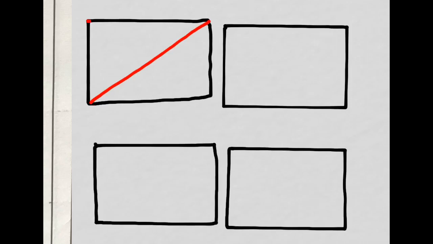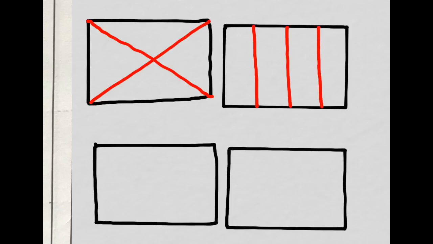I'm going to cut it from corner to corner. And then I'm going to cut lengthwise downwards, vertical. I'm going to cut into fourths that way. And then we have across this way.